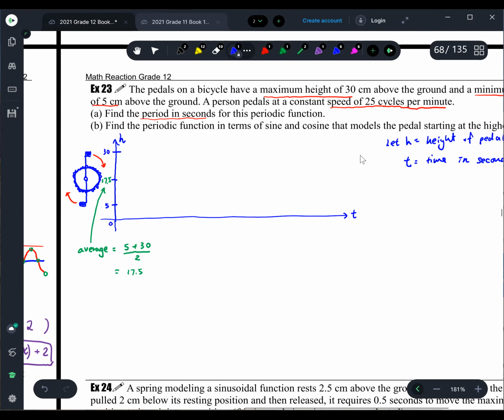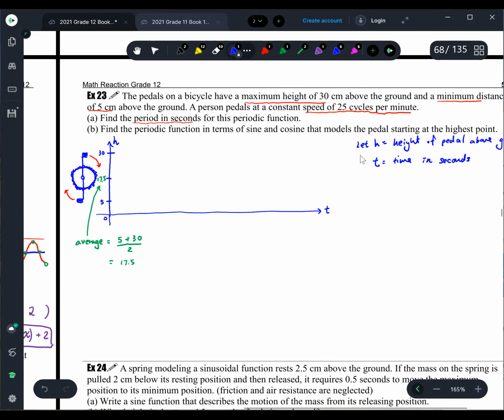So the person starts pedaling, because in part B, it says the pedal starts at the highest point. I highlighted that sentence. So that means you start at 30, right? And then it goes down to 17.5.